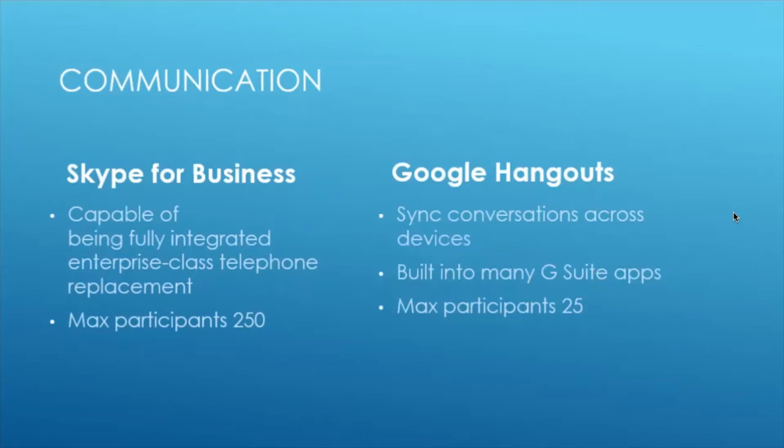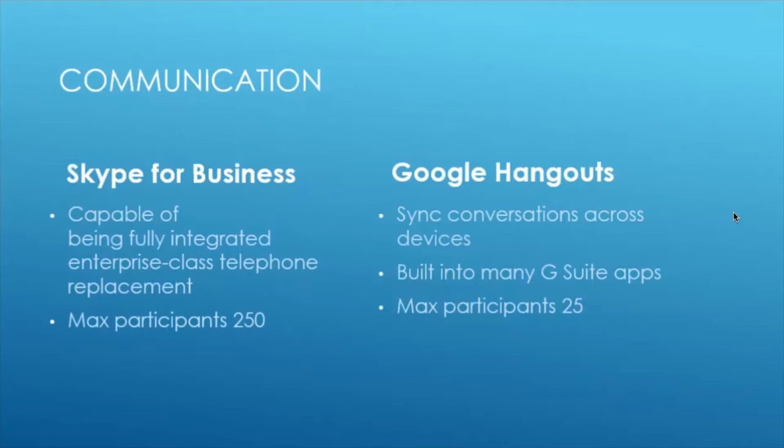Google Hangouts is nice because you can sync conversations across devices, especially since so many people use Android phones, that it is nice to be able to just have it already on the phone without having to install any additional software. It's built into those G Suite apps, but like I said, you are kind of limited in what you can and can't do as far as how many people are getting in there, and you don't have as much of those communication integrations.